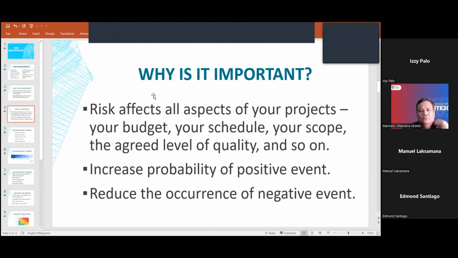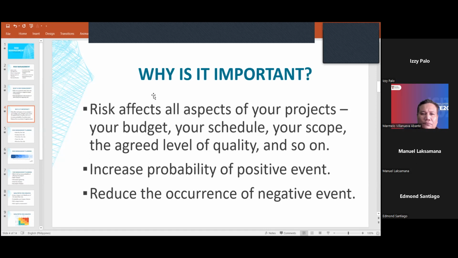So why is it important to study or to apply? Risk affects all aspects of our projects, including our budget, the schedule, the scope, the agreed level of quality, and even the software itself. It also increases the probability of positive events, not just dealing with issues but also with the potential risks in the environment of the software, including the human itself.